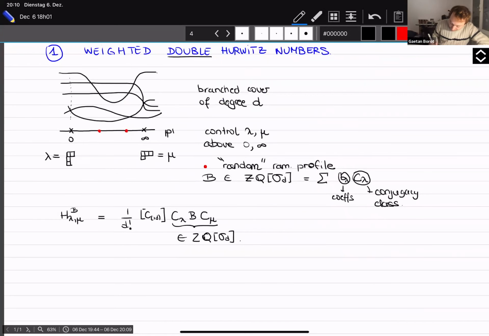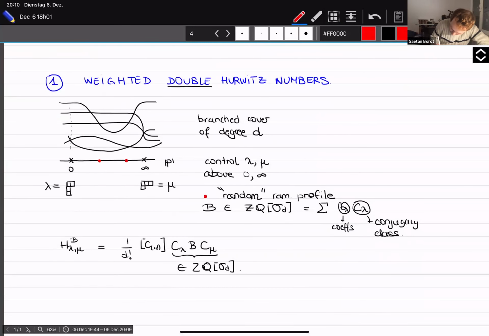So there's various types of Hurwitz numbers you can consider. So that's what the weight part is about, this B. There's something called simple, if you only allow simple branch points for these extra points.